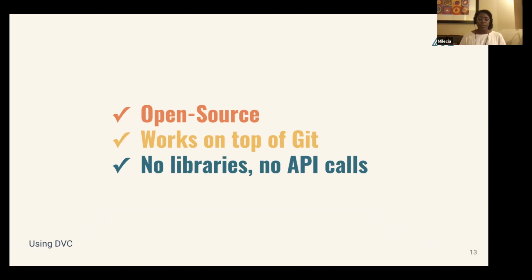So with DVC, you can have hundreds, thousands of experiments, and you don't have to worry about tracking anything. DVC just works in the background as you're training your model to see what the metrics are around it. DVC tracks all of that.